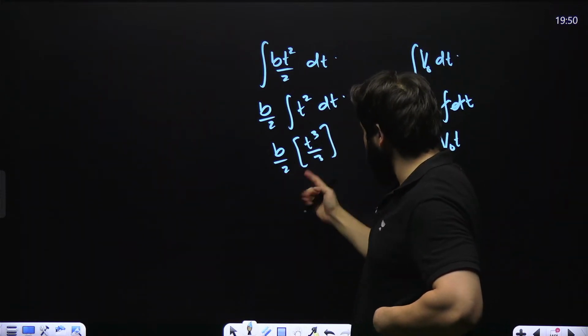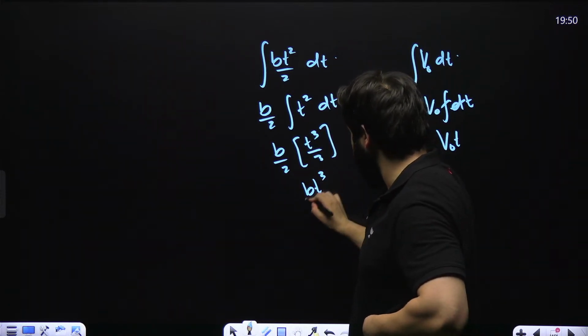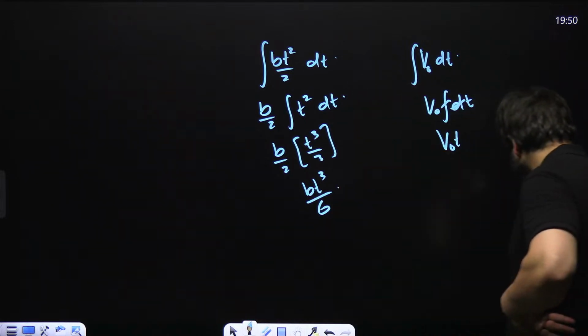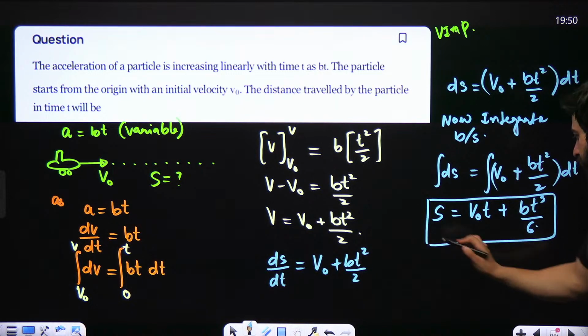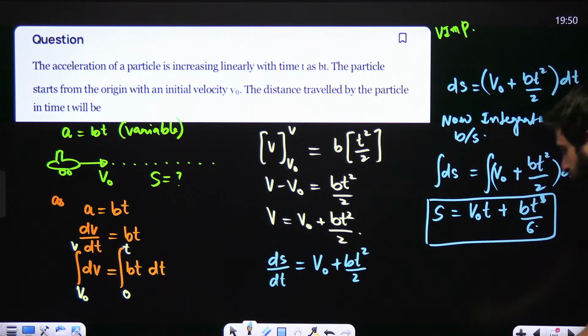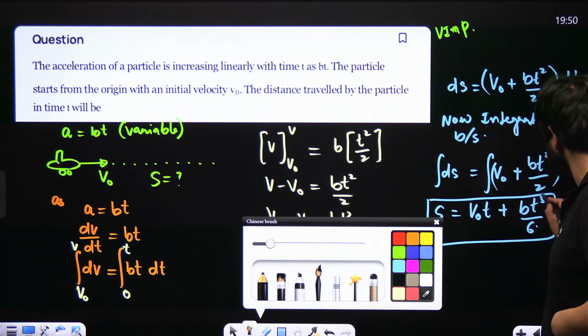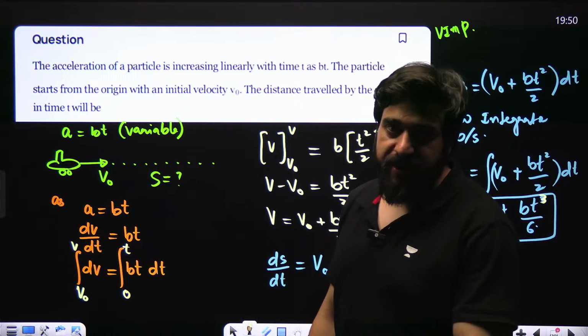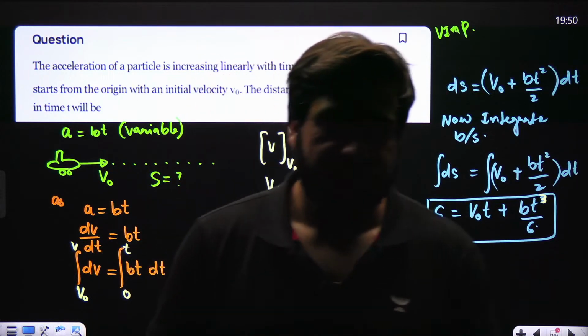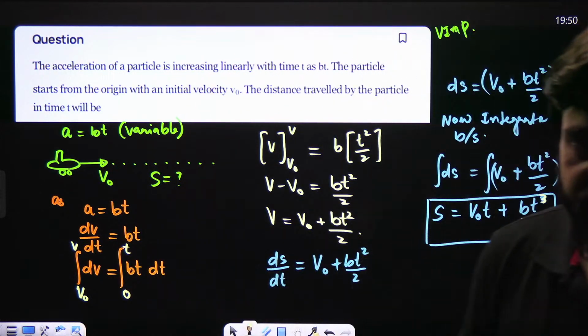Now 3 into 2 is 6, so it will be bt cube divided by 6. So the displacement is v naught into t plus bt cube divided by 6. Guys, is this clear? Please tell me in the chats.